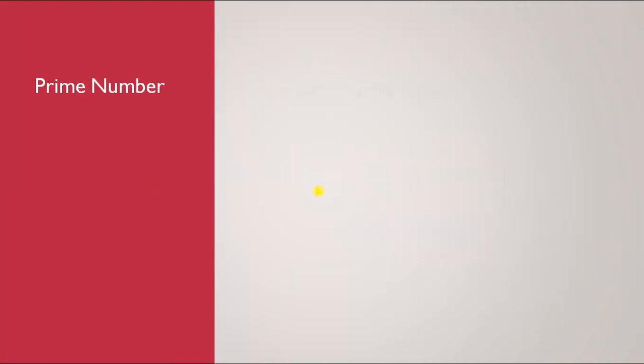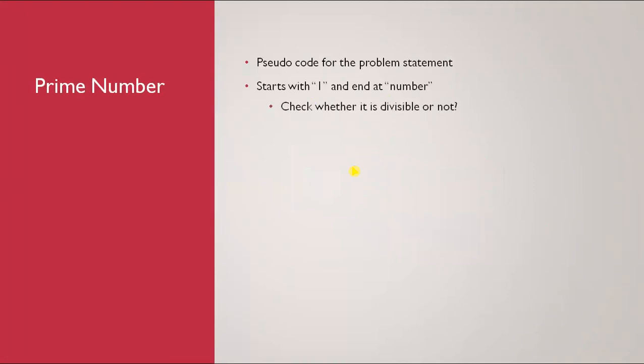So every time, what we need to do is start with 1 and end at the number, and check whether it is divisible or not. What is the operator we need to use here for checking whether it is divisible or not? That is the mod operator, right? So if number mod the iteration number equals 0, then we need to increase: add factor plus 1, which means we assume that there is a factor variable.